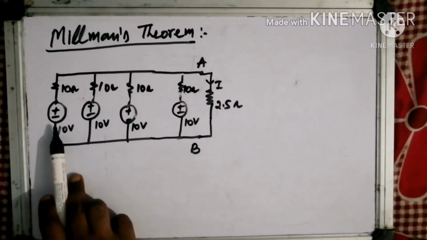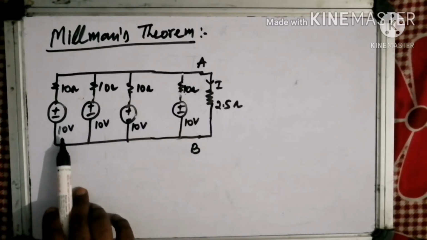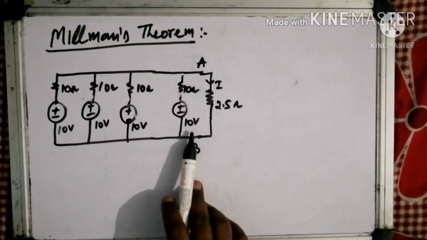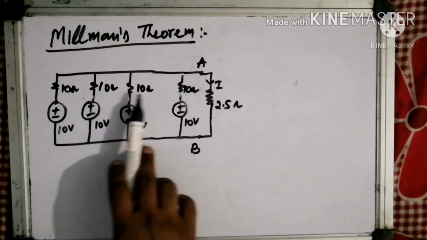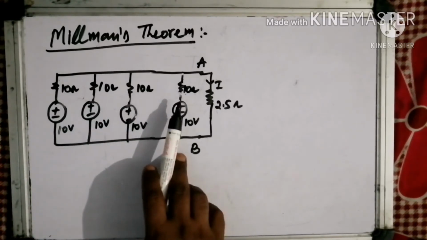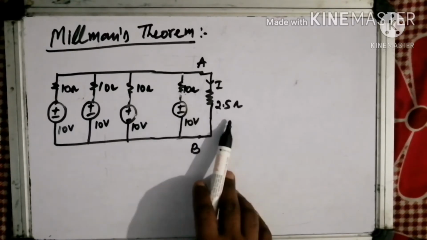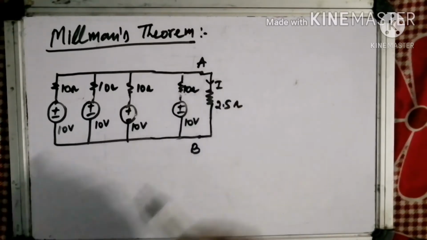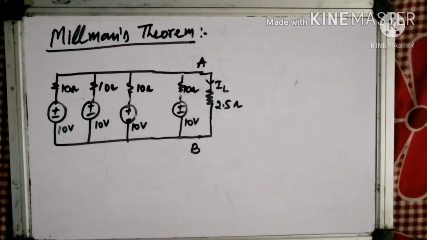There are 4 voltage sources having the values of 10 volt, 10 volt, 10 volt and 10 volt along with internal resistances 10 ohm, 10 ohm, 10 ohm and 10 ohm respectively. Right? There is a load resistance having the value of 2.5 ohm across the points A and B. Calculate the load current IL with the help of Millman's theorem.